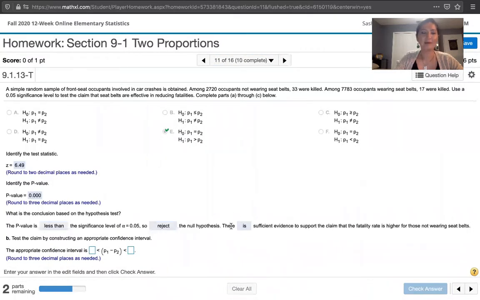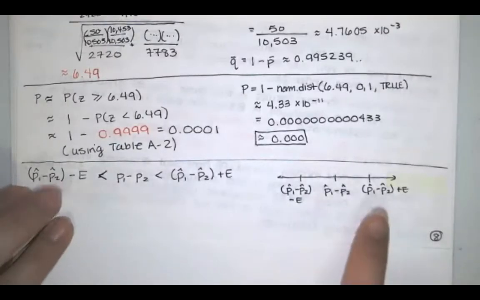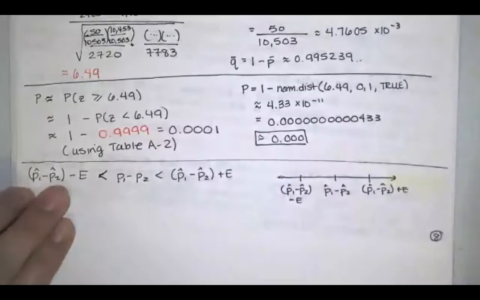Okay, and now we want to test the claim by constructing an appropriate confidence interval. I will share my paper with you again, and this time we want to round to 3 decimal places as needed. Okay, so we want a confidence interval, and that's an interval that's going to have this form.